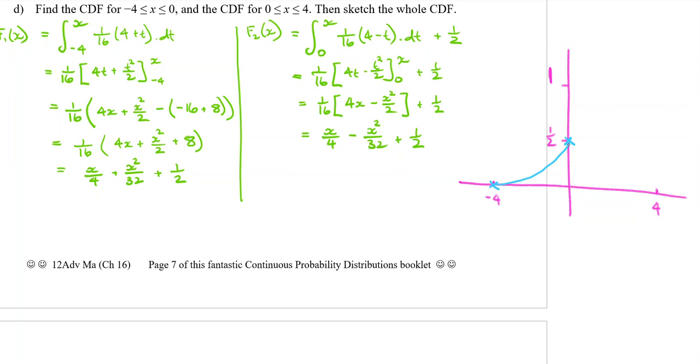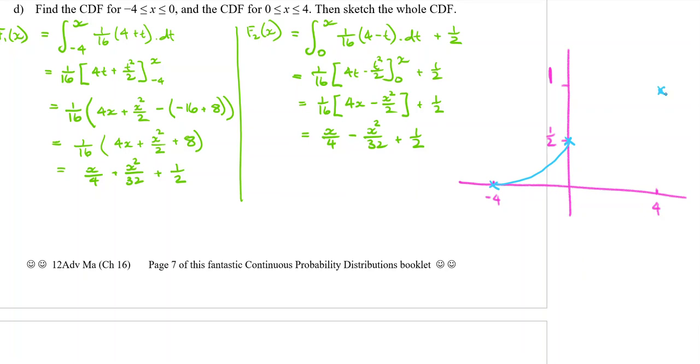Then we switch and we come over to f of 2. F of 2 at 4. When we're at 4, where's it going to be? Where should it be even without subbing in? 1, because it's at the end. So that's up here. You can always sub it in.